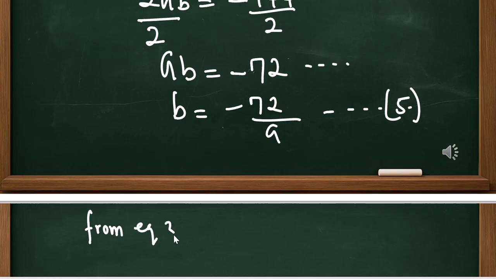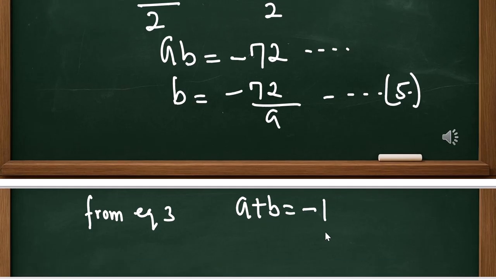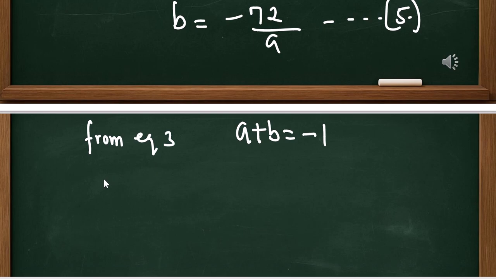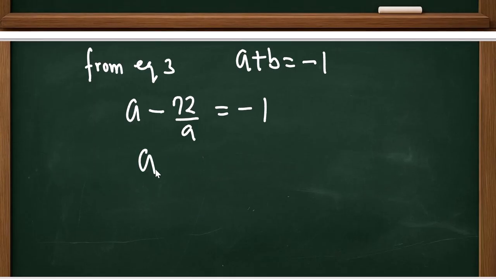But proceeding from here, from equation 3. If you go back to equation 3, we have a plus b equals negative 1. And this is going to be a. Recall that b is negative 72 over a. So I'm going to plug that in, equals negative 1. Simplifying the left-hand side here, you can just find the LCM, which is a.